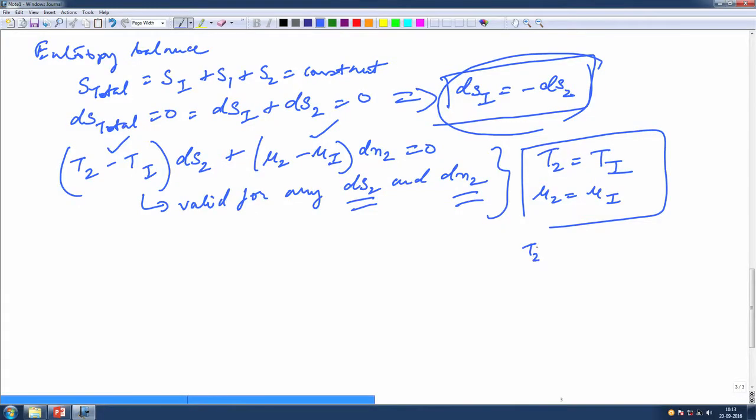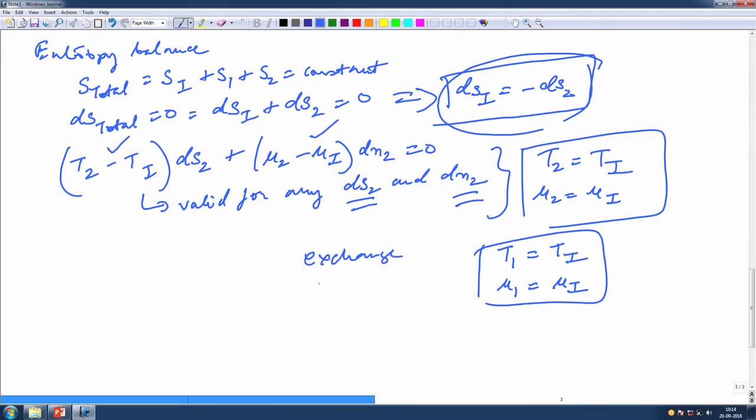If we extrapolate and do this between bulk fluid 1 and the interface, you will get an equivalent relationship: T1 must be equal to Ti and mu 1 must be equal to mu i, if we assume exchange occurs between 1 and i, and 2 is held constant.